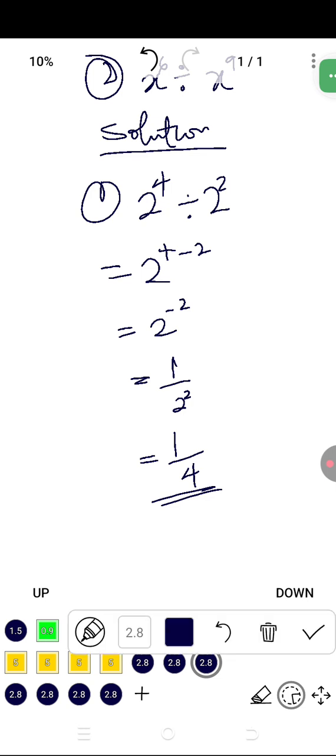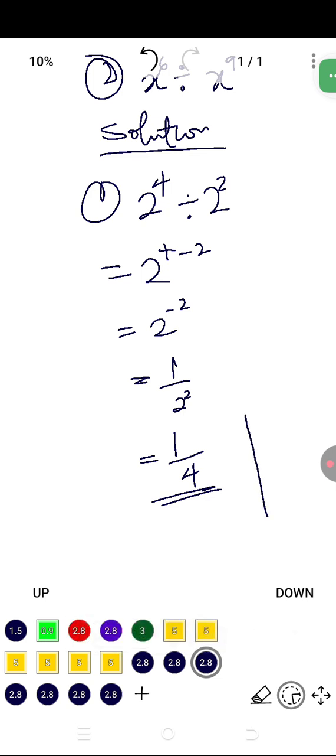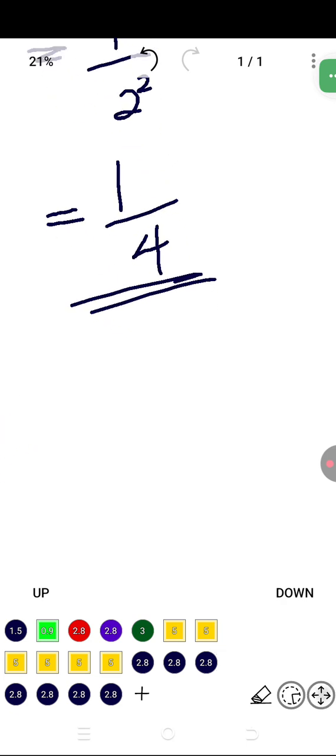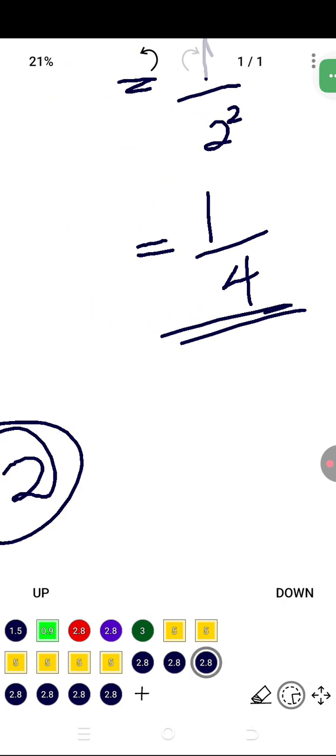Number 2, we have x raised to power 6 over x raised to power 9.